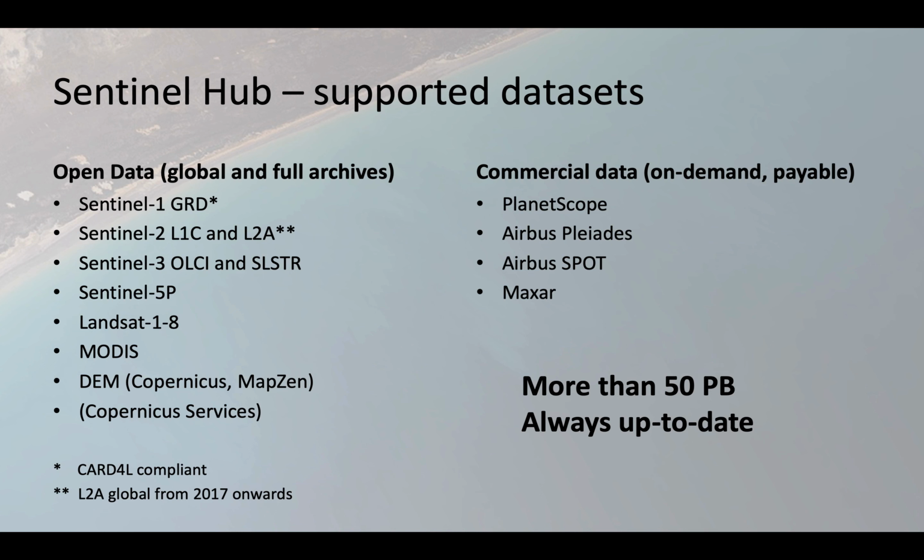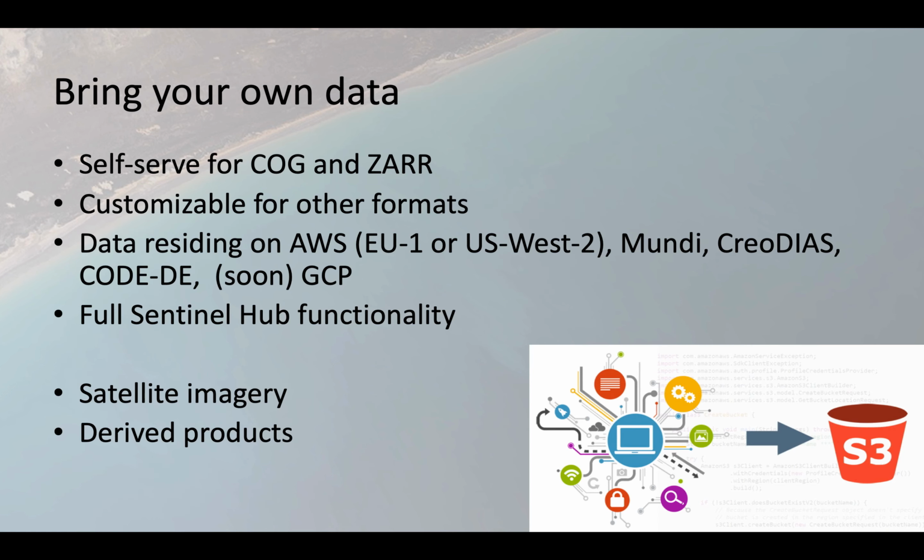The most important part, though, is that it covers all relevant open data collections, as well as the most important commercial ones. We are talking about more than 50 petabytes of data, and the catalogs are always up to date. Now, there's never enough data, which is why a few years ago we decided to implement this bring-your-own-data capability so that users could onboard their own files into it.